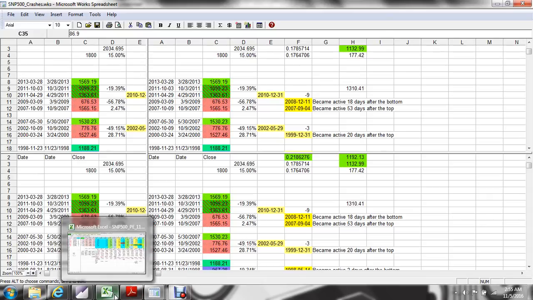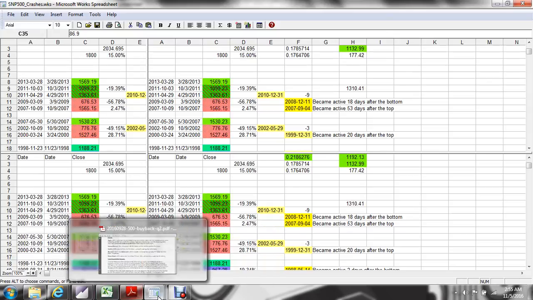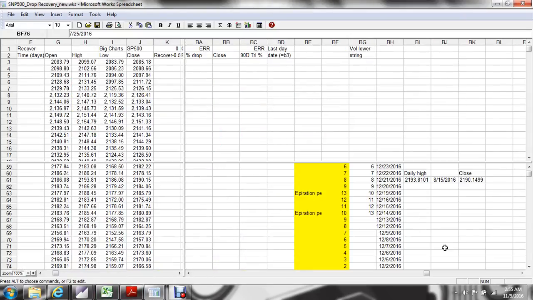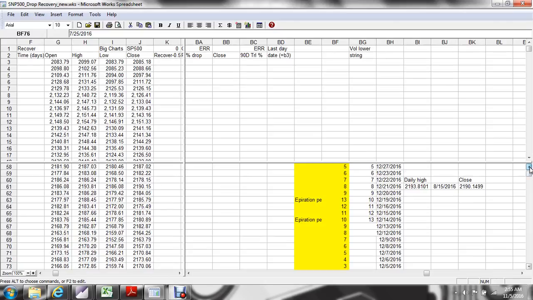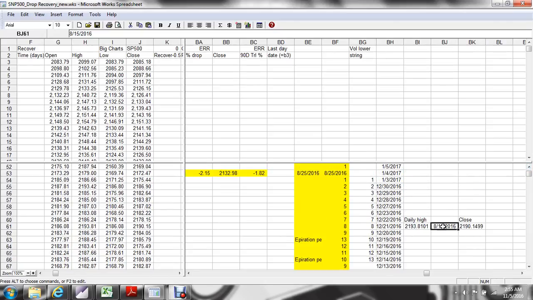Well, back to the other spreadsheet again, and there's a market top on the 15th, and it became active on the 25th, and then August 25th, and then July 25th. So they're on both sides of that high.